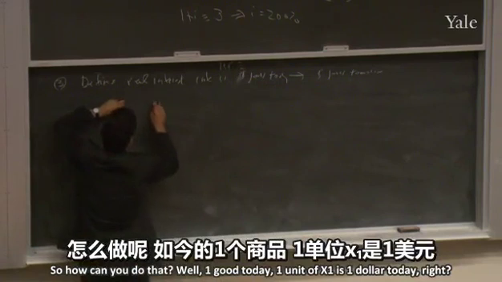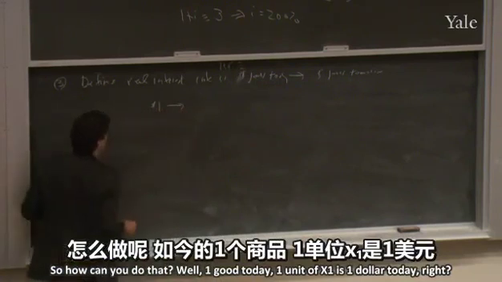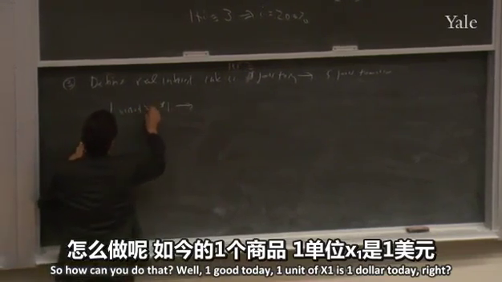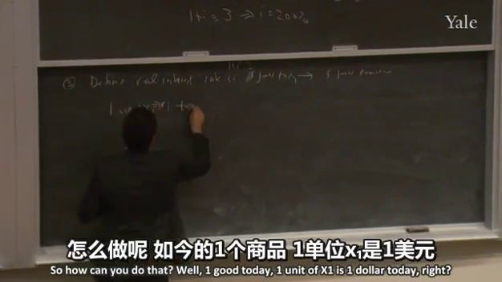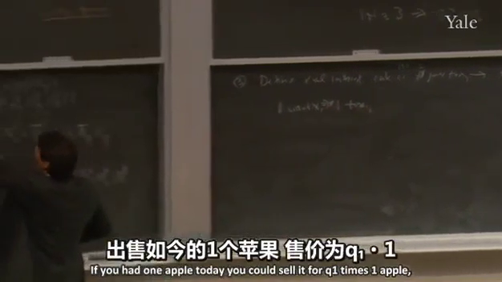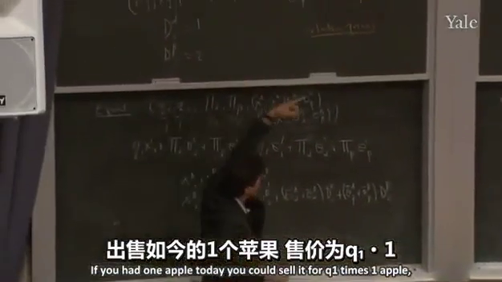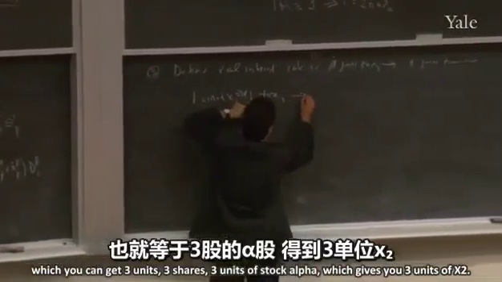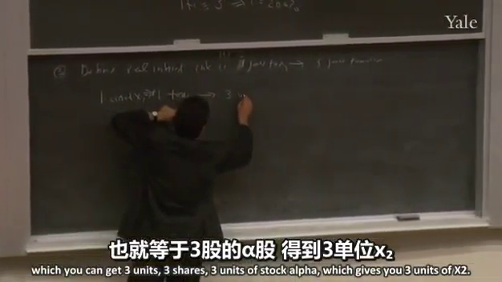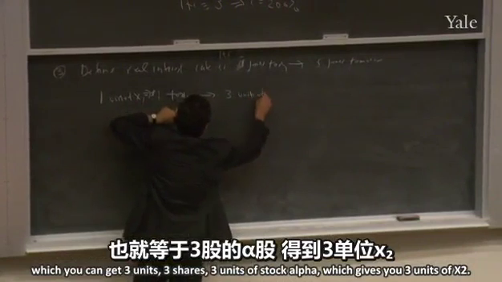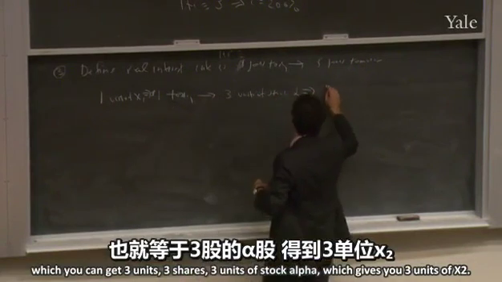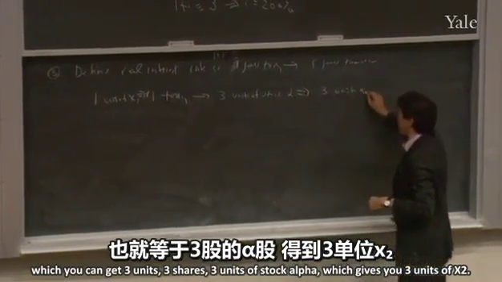Well, $1 today can go into 1 good today, 1 unit of X1 is $1 today, right? Because if you had 1 apple today, you could sell it for Q1 times 1 apple, which is Q1 times 1, which is 1 times 1, which is $1 today, with which you can get 3 shares, 3 units of stock alpha, which gives you 3 units of X2.